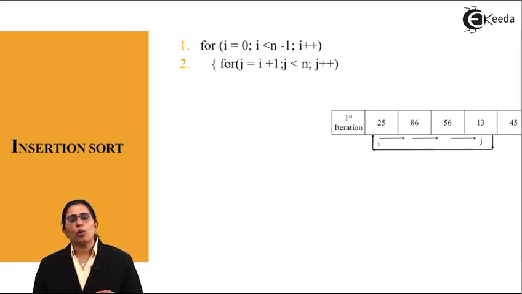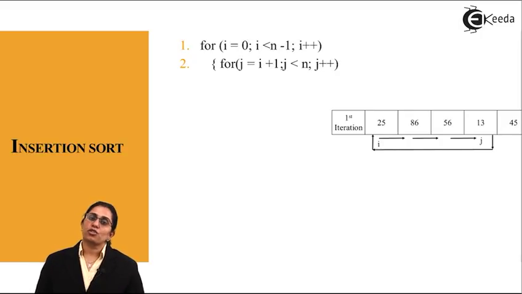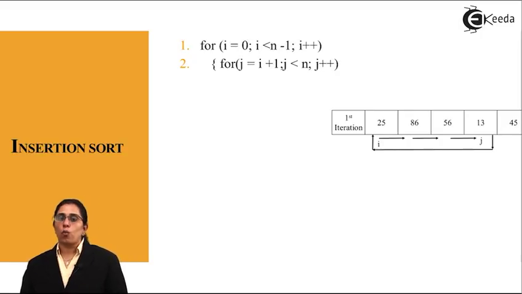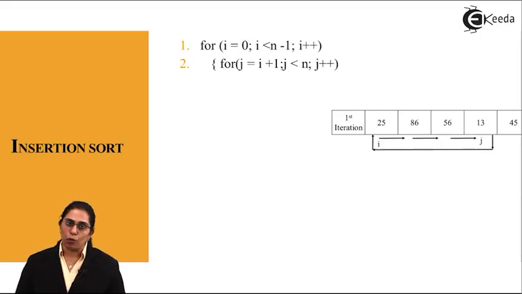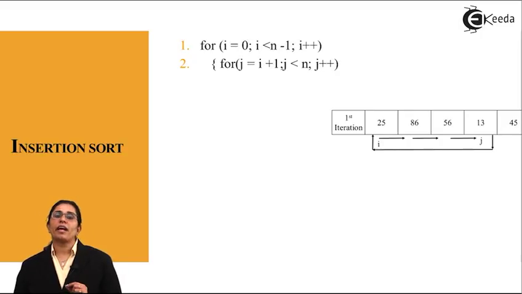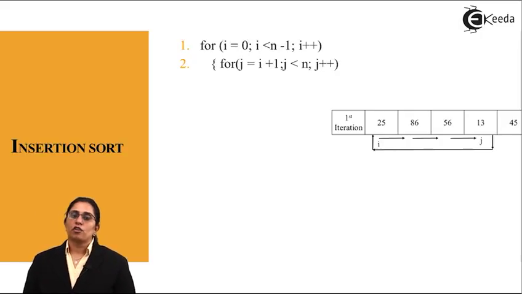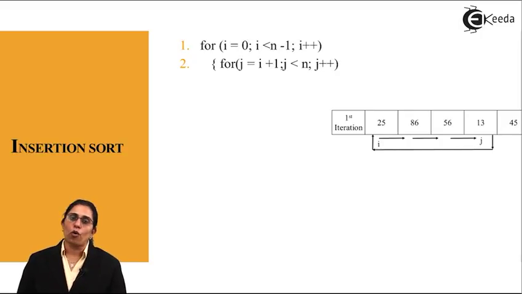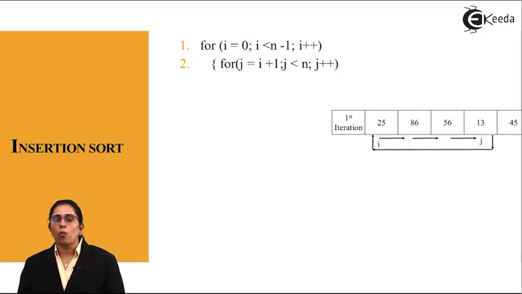So we have to always take the next loop, which has to start from I plus 1. In our case, if I is at a location of 0, I plus 1 will be at a location of 1. So we'll compare the element at index location 0 with the index location 1.